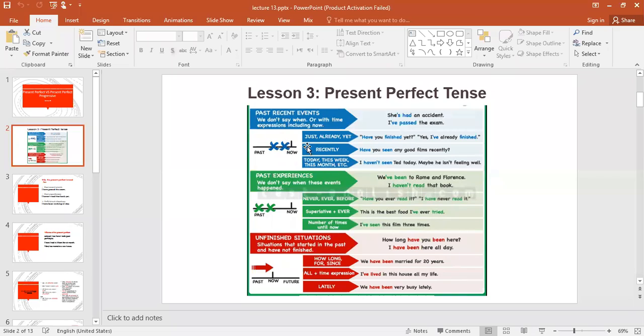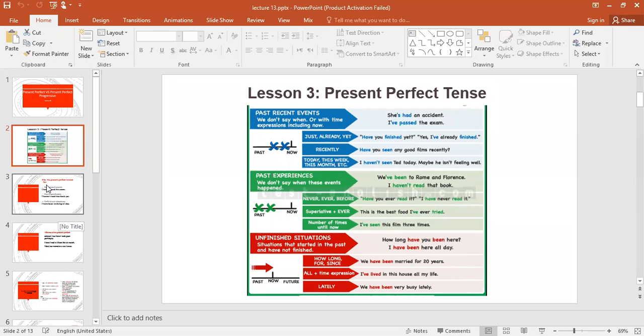This is the present, and this is the past recent events, okay? While past experiences are very far away from the present, and it is also used for unfinished actions. Unfinished actions means actions that you have started doing, but you haven't finished them yet, okay?